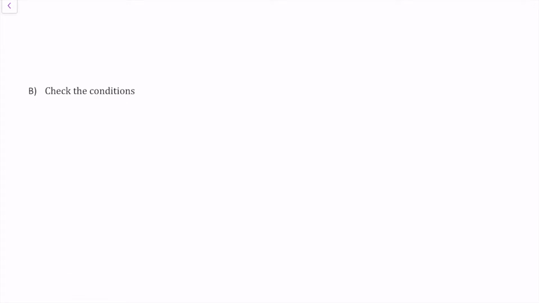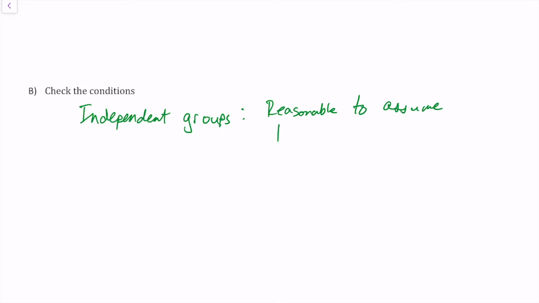Okay. So the first condition that we're going to check is independent groups. What this means is that the tips that we get on Friday night do not affect the tips that we get on Saturday night. Even though we're not explicitly told this, I think it is very reasonable to assume the groups are independent, right?